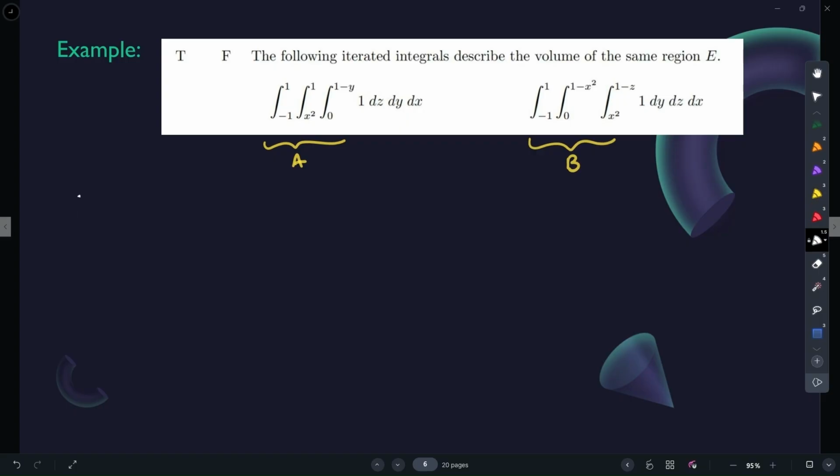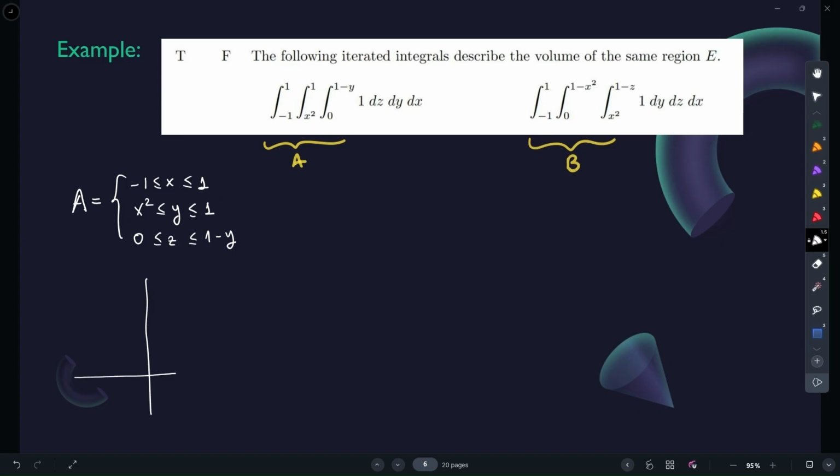So first of all, let's interpret the region A. The region A is telling me that x is going between -1 and 1, that y is going between x squared and 1, and that z is going between 0 and 1 minus y. Let me try to sketch what that looks like in case it helps when I compare it to the other one.